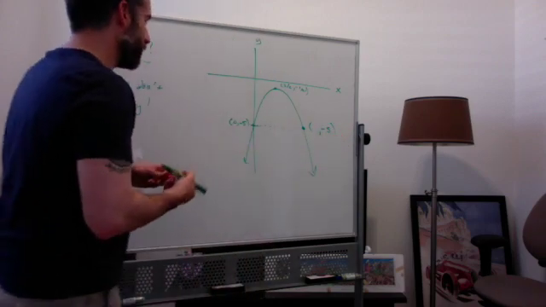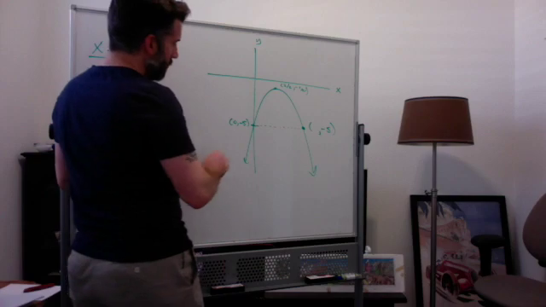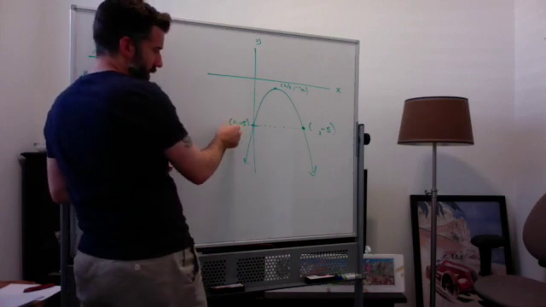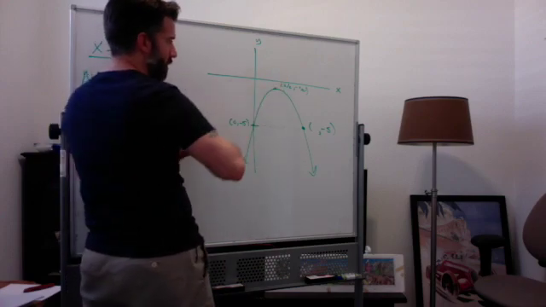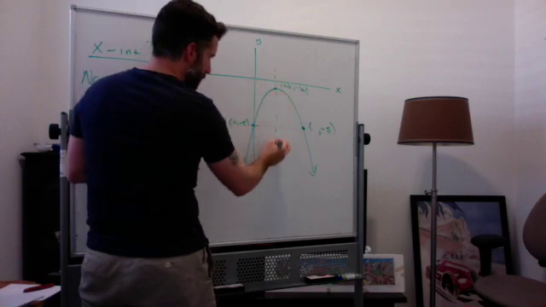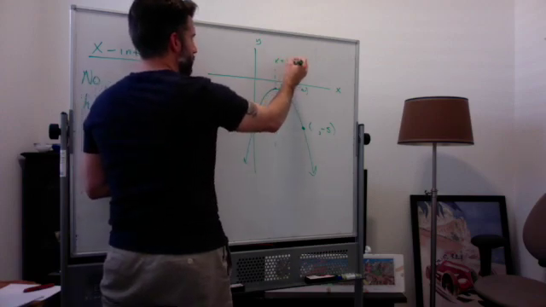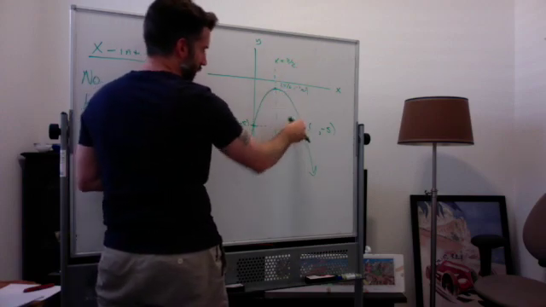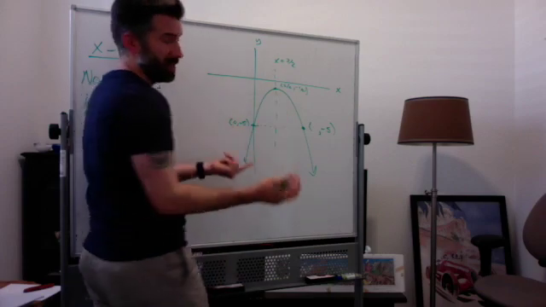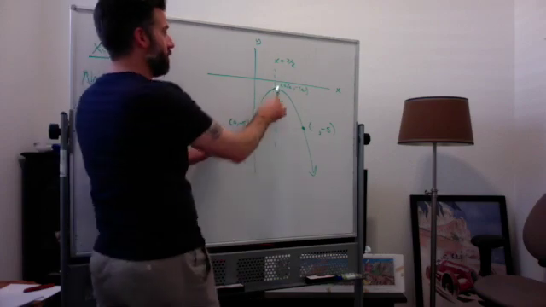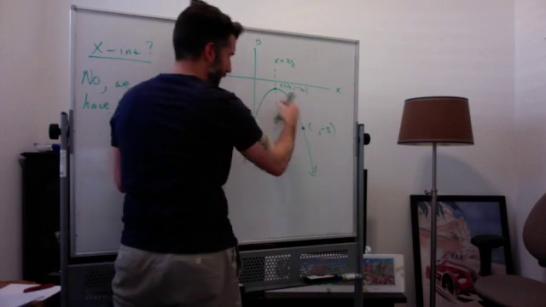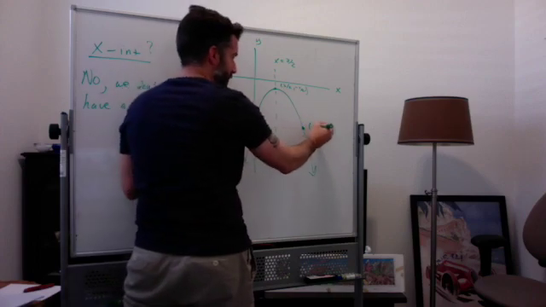And the x coordinate is however far it is from the x coordinate here to the axis of symmetry, which is x equals 3 halves. Since from 0 to 3 halves the distance is 3 halves, from 3 halves we add another 3 halves, and 3 halves plus 3 halves is 3.